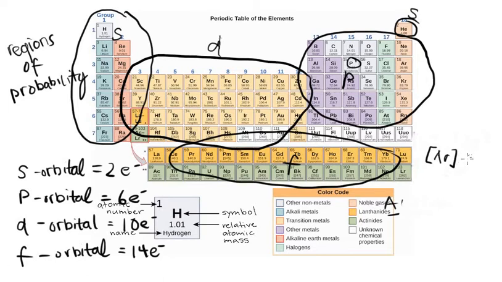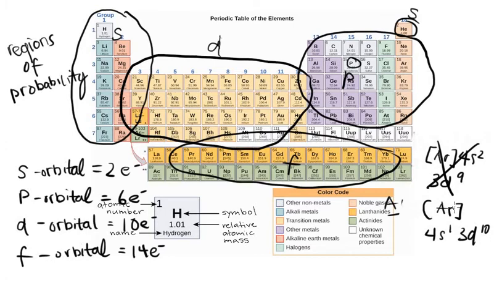I'll mention more about that later. So it should be 4s2 3d9. That's what we expect based on what we've been talking about so far. But when we look at this experimentally, this is not the case at all. The correct configuration is 4s1 3d10.